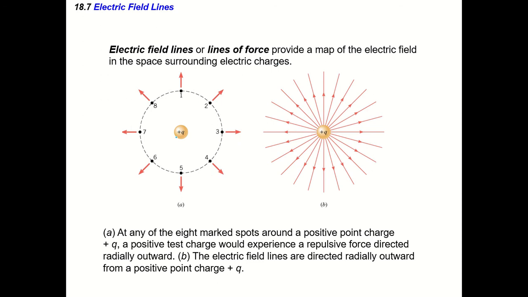Here we have the positive charge in the middle of this circular setup. Considering illustration A, at any of the 8 marked spots around a positive point charge Q, a positive test charge would experience a repulsive force, directed radially outward.